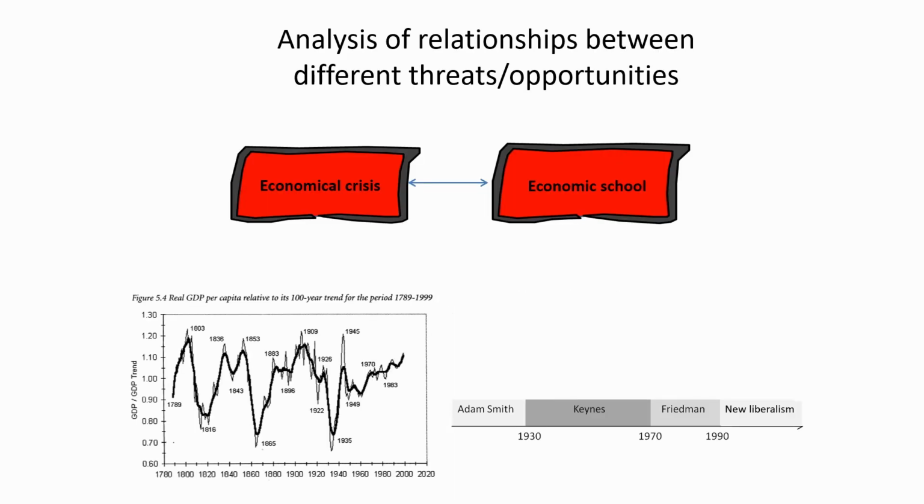In this example, we had, among other things, two post-its with threats and opportunities that were about economical crisis and the economical school the society economy was based on. The correlations show that when there was an economical crisis, society changed the underlying economical theory.